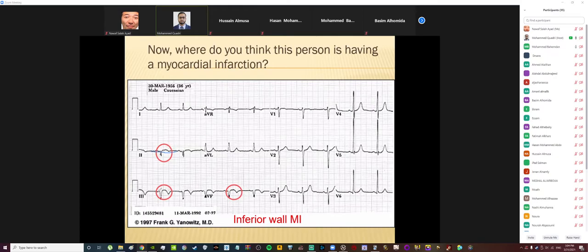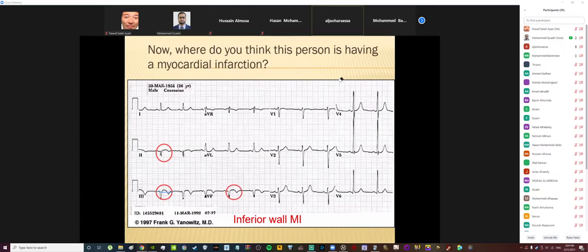I am drawing this isoelectric line. Where is the ST segment now? It is going up or not? Up, yeah. That's what we are looking for, elevation. So the ST segment is elevated in lead 2, lead 3, lead AVF, isn't it? Clear. And this is the myocardial infarction, inferior wall myocardial infarction.